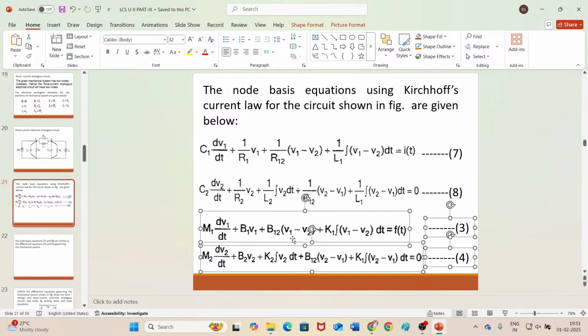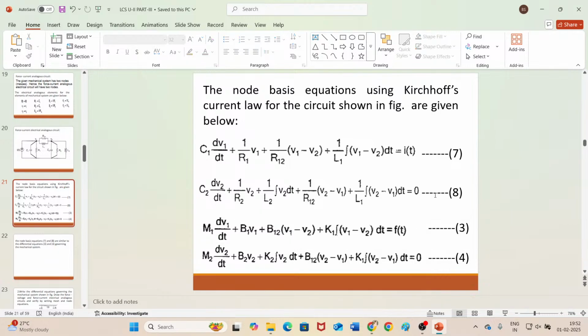Now you can compare 7 and 8 with equation 3 and 4.